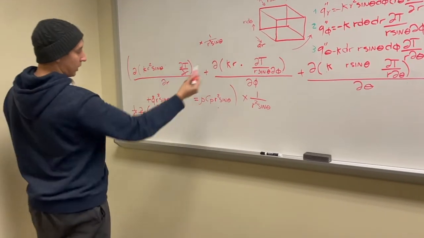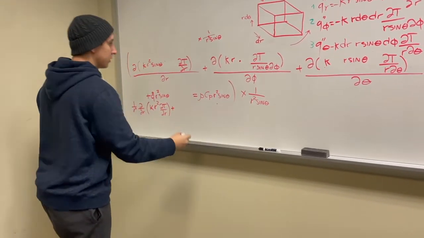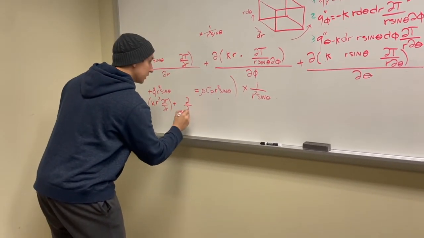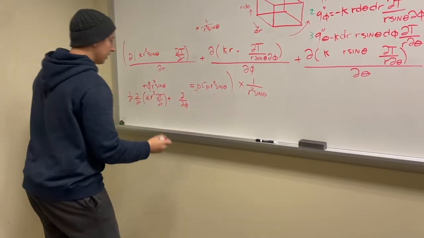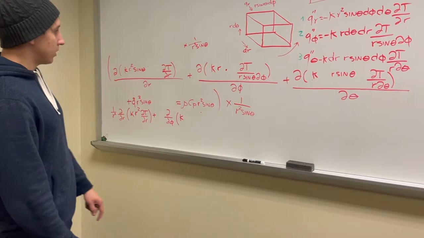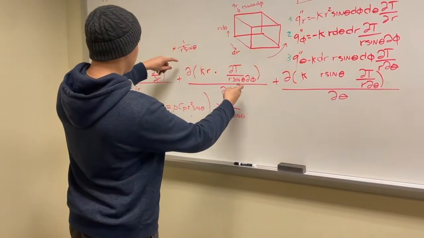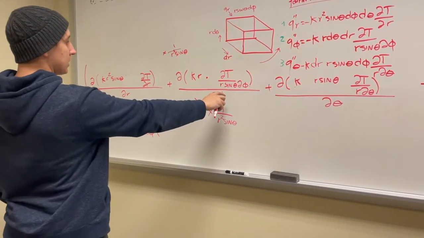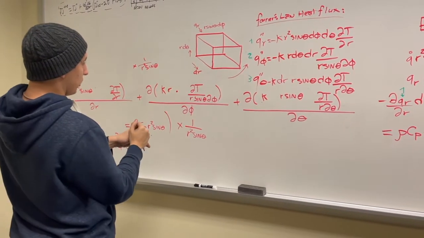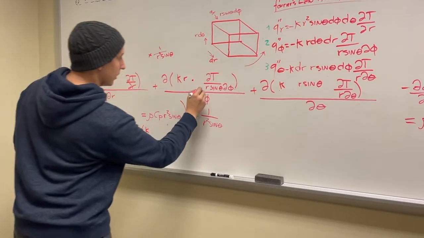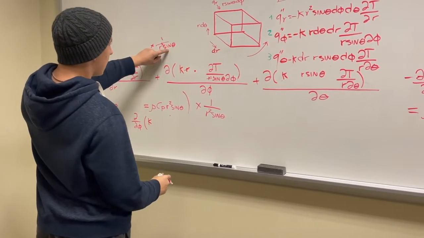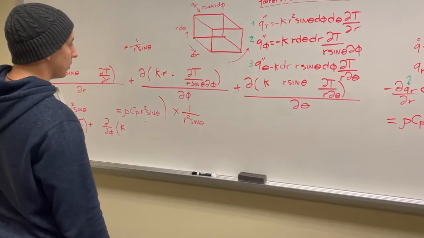So moving on to the next term. What do we got here? Same thing. We're going to put this del phi here. Heat conductivity is going to come for a ride, but what's different here is this is going to be dependent on del phi, of course. So what do we notice immediately here? Well, this r and that r can cancel, but this sine and that sine are going to multiply.